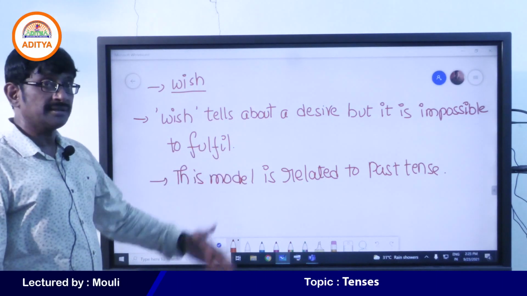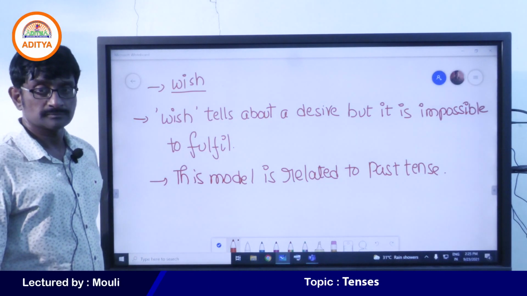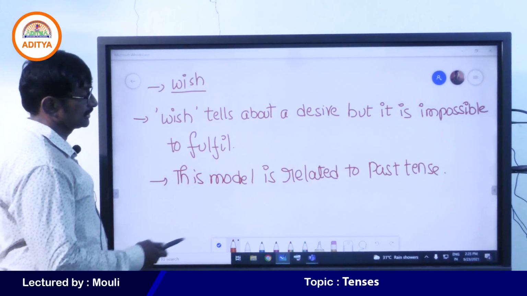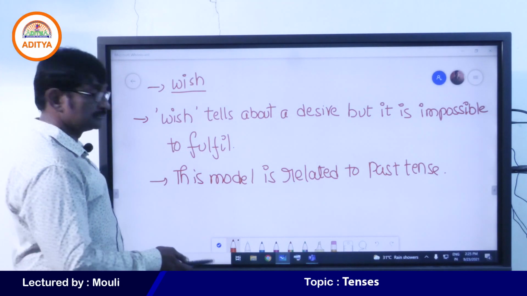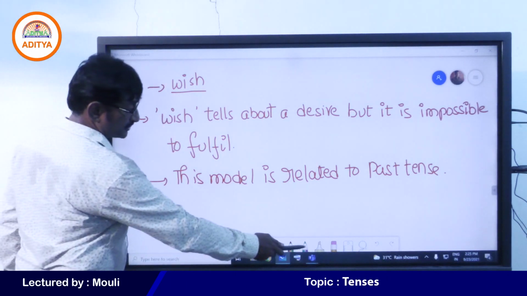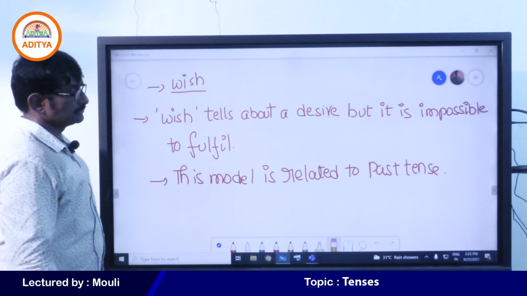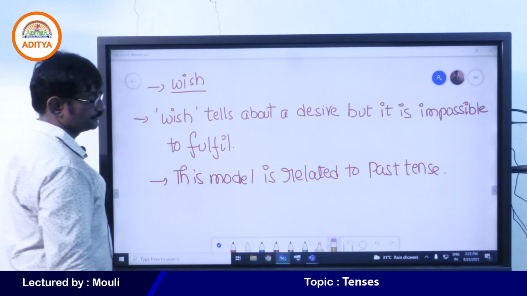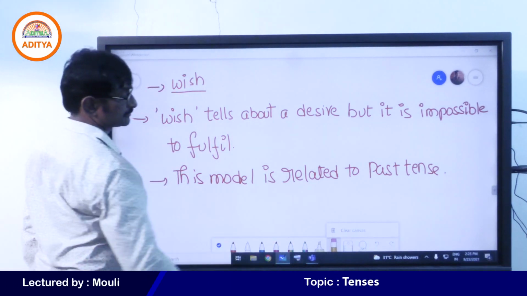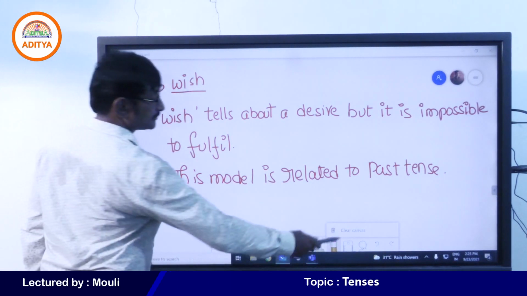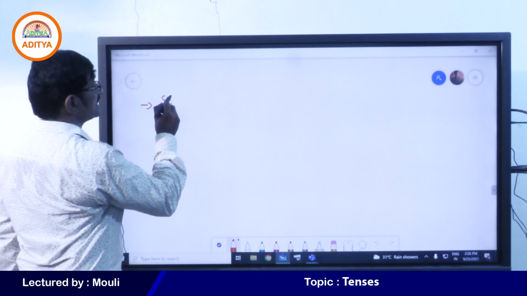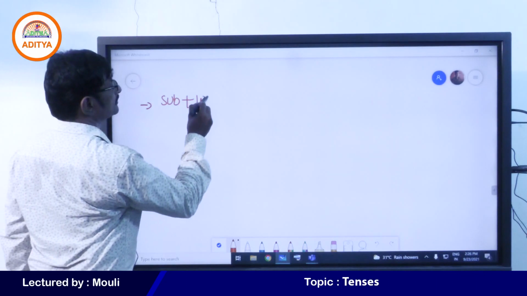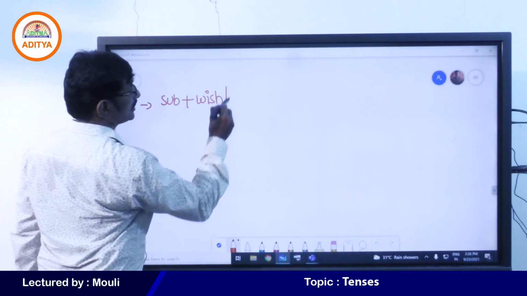Okay, students, did you write these two? Now we are going to use wish. Now students, you see now, subject plus wish or wishes.